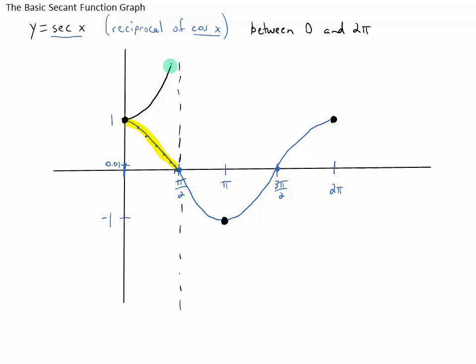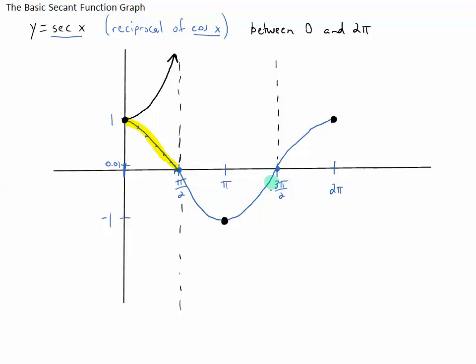In other words, they approach infinity. So as my x values get close to pi over 2 on this side, my y values are getting really big, and there's no limit on how big they get because I can get as close to 0 down here for cosine as I want. And that's also true over here.